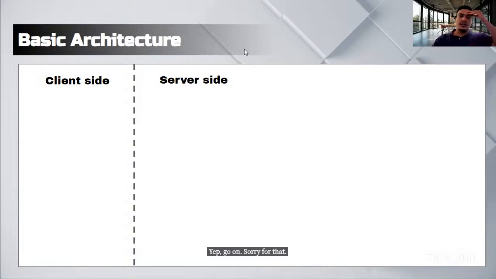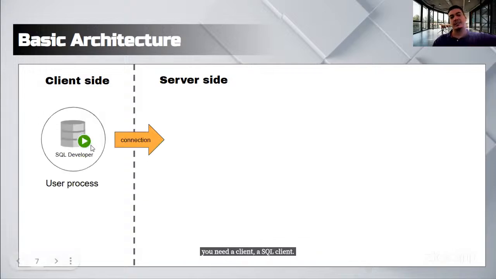This is a basic client-server architecture, and when you need to access the Oracle database, you need a SQL client. In this case, imagine you use SQL Developer, and you start your SQL Developer.